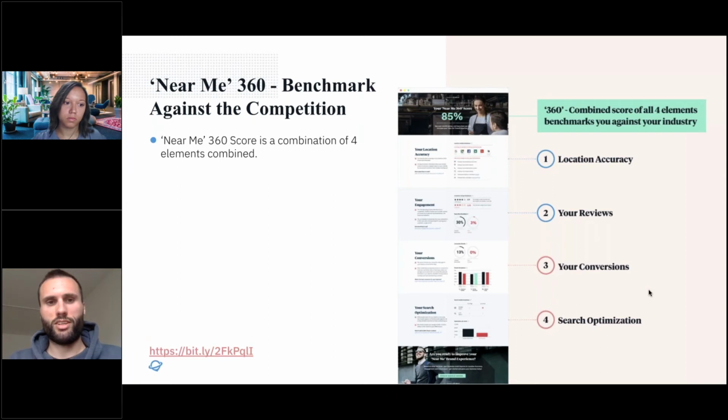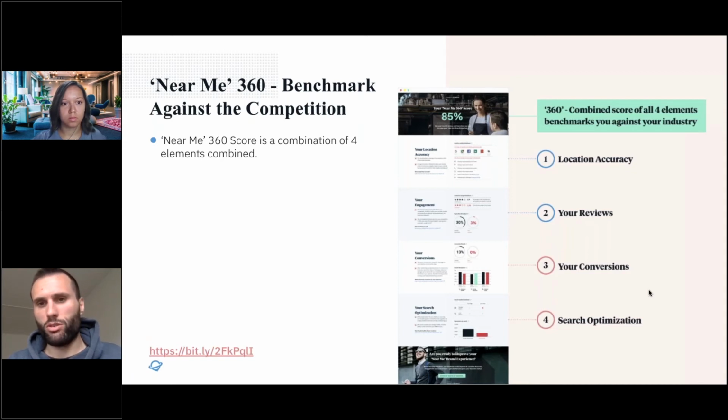So in a nutshell, NearMe 360 is a score that you get, and it's a combination of 4 elements combined. Those elements are actually in a lot of the studies that we've already done, and they're a combination of that and some well-known ranking factors and optimization factors for local marketing.